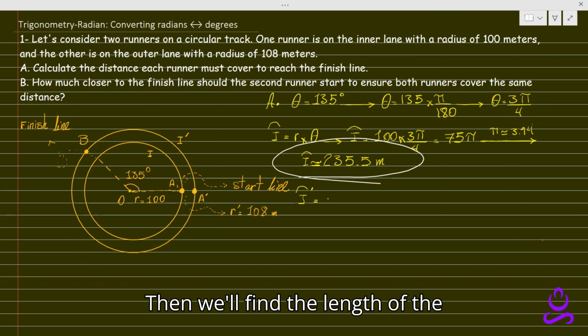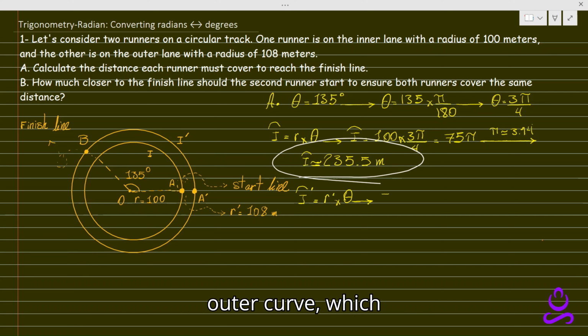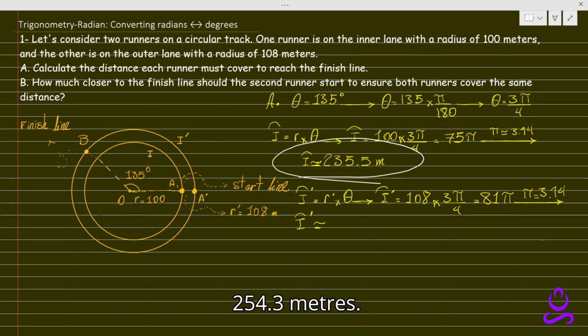Then we'll find the length of the outer curve, which is about 254.3 meters.